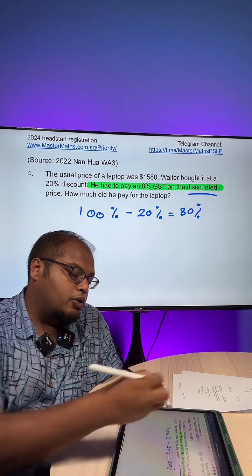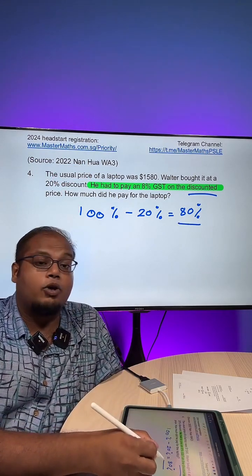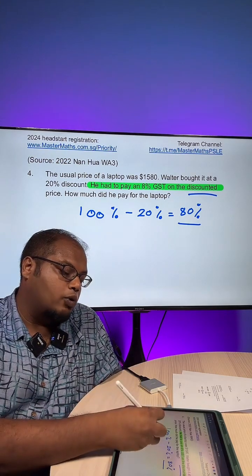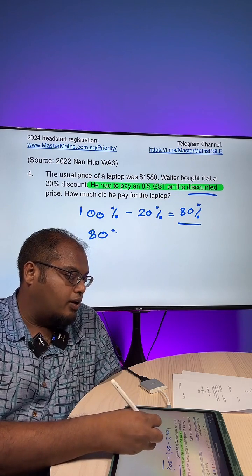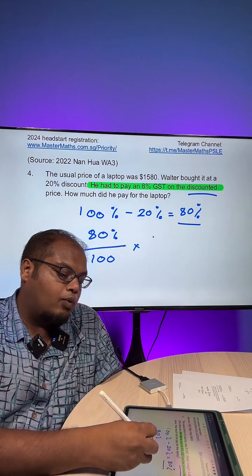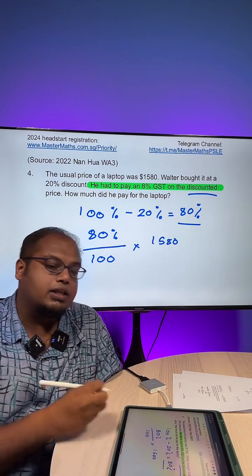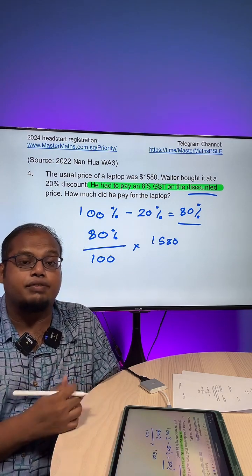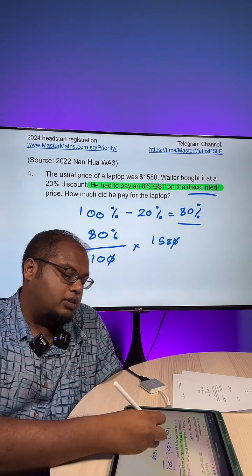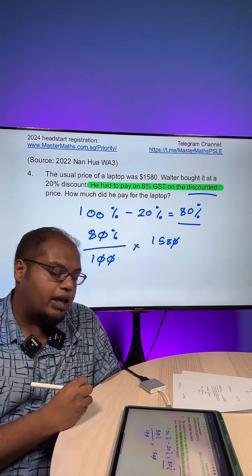So we need to find this 80% because we need to find 8% on the discounted price. So 80% over 100 multiplied by 1,580. We can do some cancellations here first. The 0 and this 0 can cancel. This 0 and this 0 also can cancel.